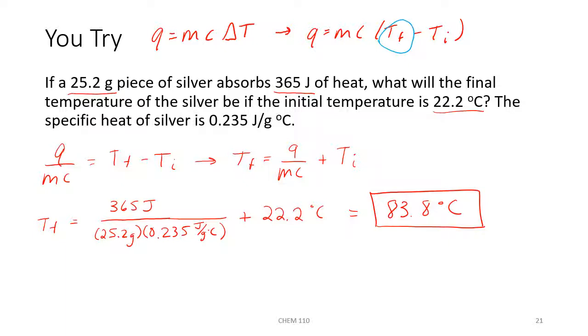We also knew that it had to be a higher temperature than what we started with because the silver absorbed heat. So therefore, our sign on our Q was once again positive.